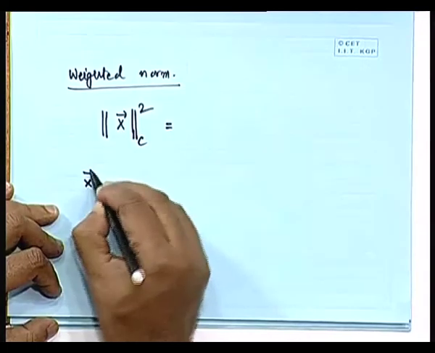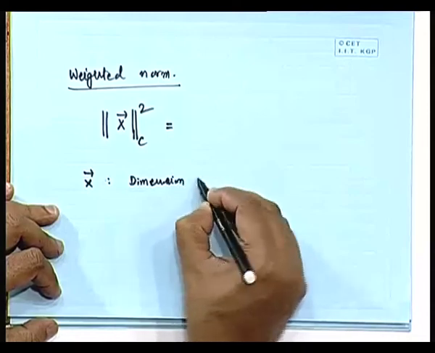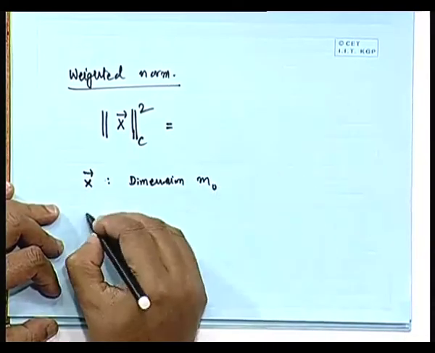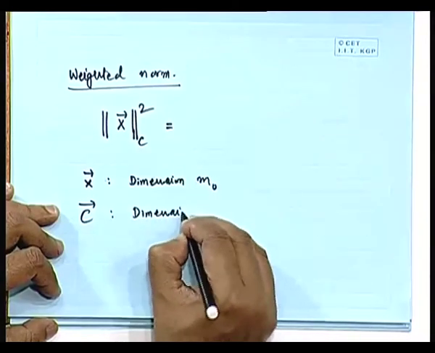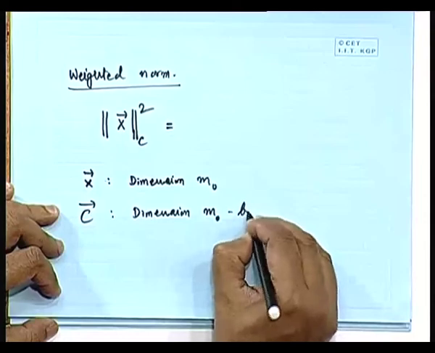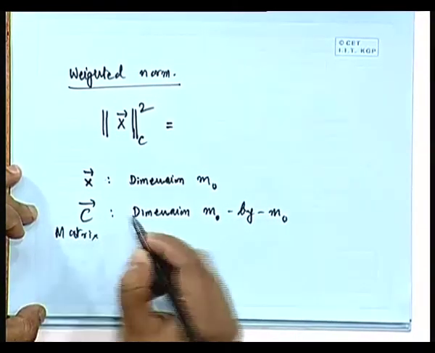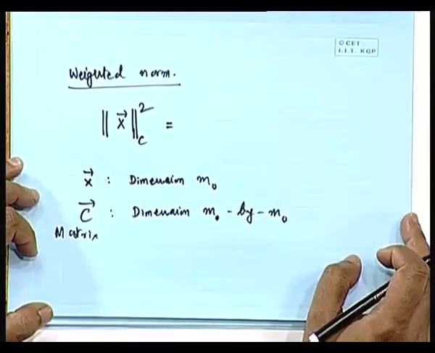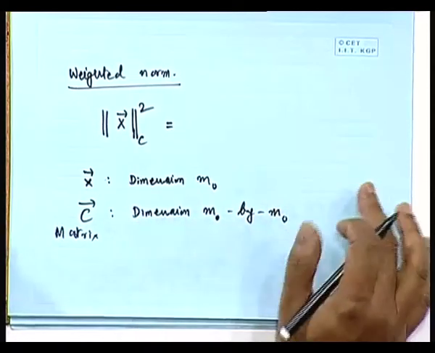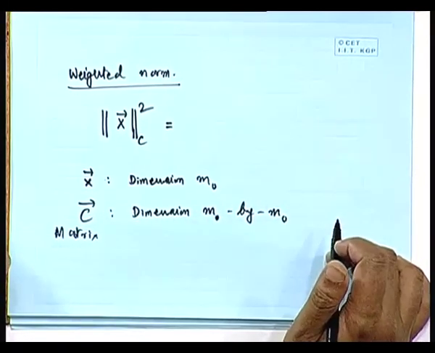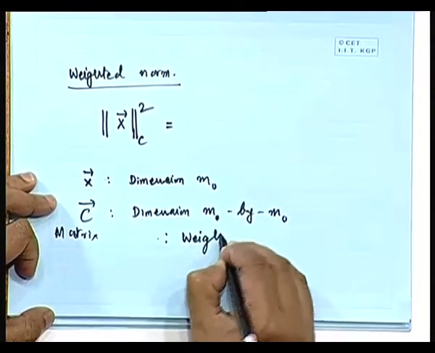Our x vector is of dimension m0, so we choose a matrix C of dimension m0 by m0. C is the matrix we will be using in the weighted norm expression, and we will be calling this the weighting matrix.